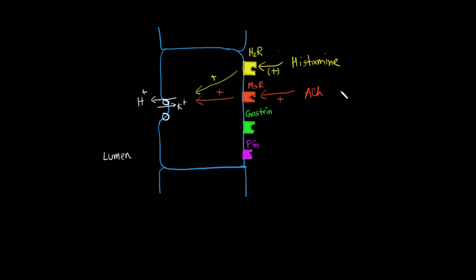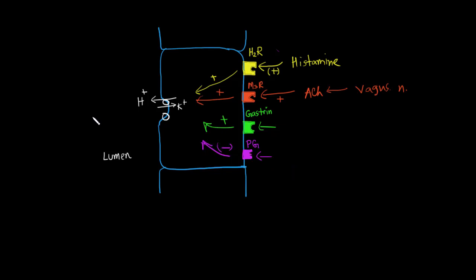The third one is the gastrin receptor, where gastrin binds. And the fourth one is the prostaglandin E2 receptor, where prostaglandins bind. The first 3 receptors, when they bind to their respective ligands, stimulate the secretion of hydrochloric acid. The last one, the prostaglandin receptor, when it binds to its ligand, actually inhibits hydrochloric acid secretion.